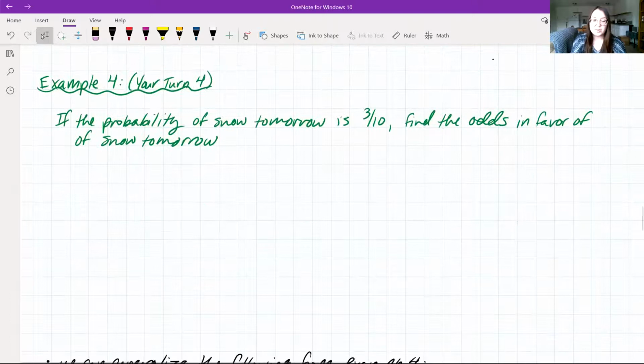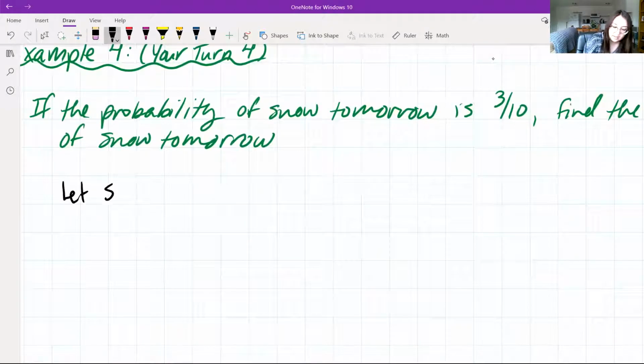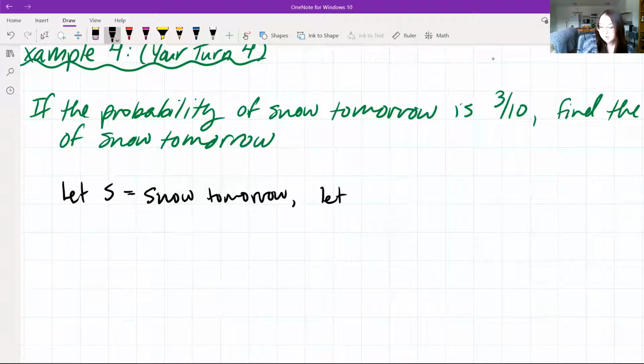All right, so let's try this out. For example 4, which is also your turn number 4: if the probability of snow tomorrow is 3 out of 10, find the odds in favor of snow tomorrow. So when we want to write this out, we're going to let S equal snow tomorrow, and we're going to let S complement be no snow tomorrow.